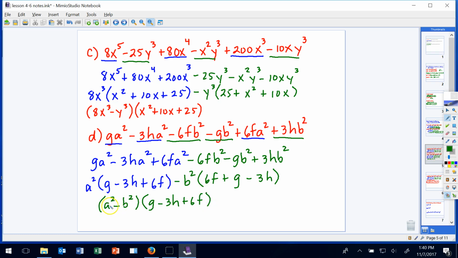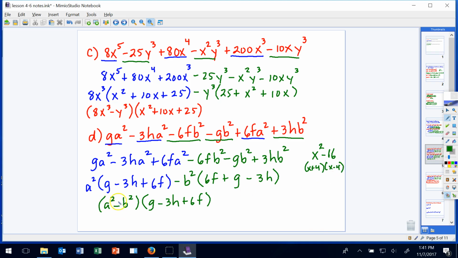And I notice that for this binomial, this is the difference between two perfect squares. So this is an Algebra 1 topic. We have a certain way of factoring the difference between two squares. Maybe you can think of this as a separate example, but more familiar to you. Let me write that better. If I ask you to factor x squared minus 16, you would say x plus 4 times x minus 4.